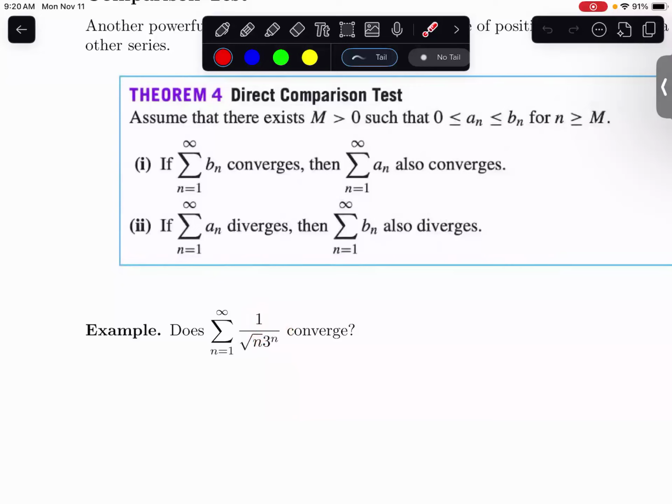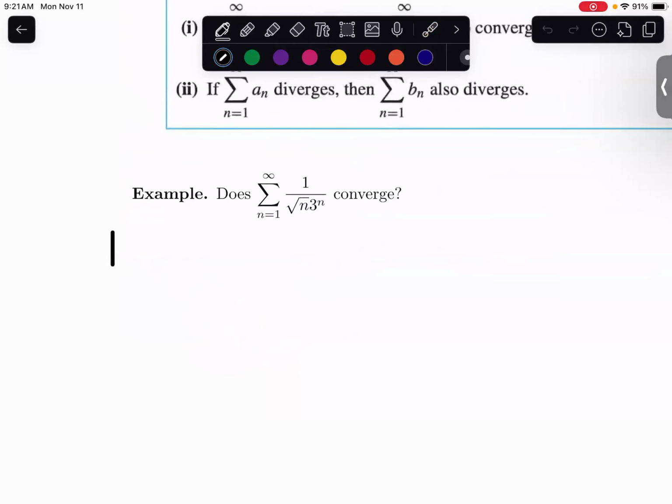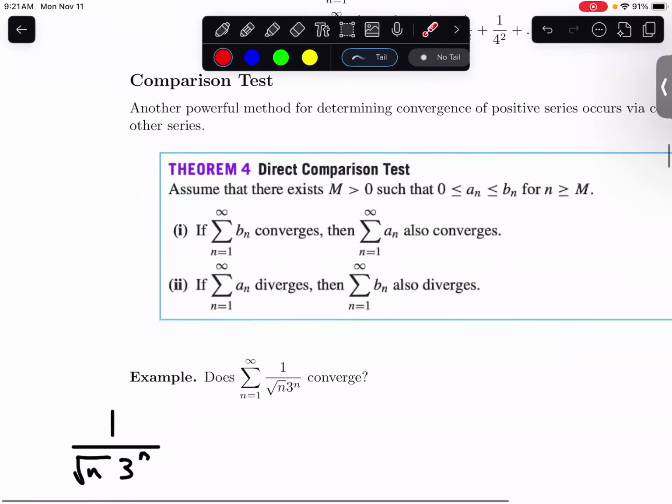What you want to do is take this sequence, ignore the sum at this point, and just think in terms of the sequence that we have. We just want to compare it to another sequence that we already know about. So let's start off by thinking about 1 over the square root of n times 3 to the nth power. So this is our a sub n, the original sequence that we have.